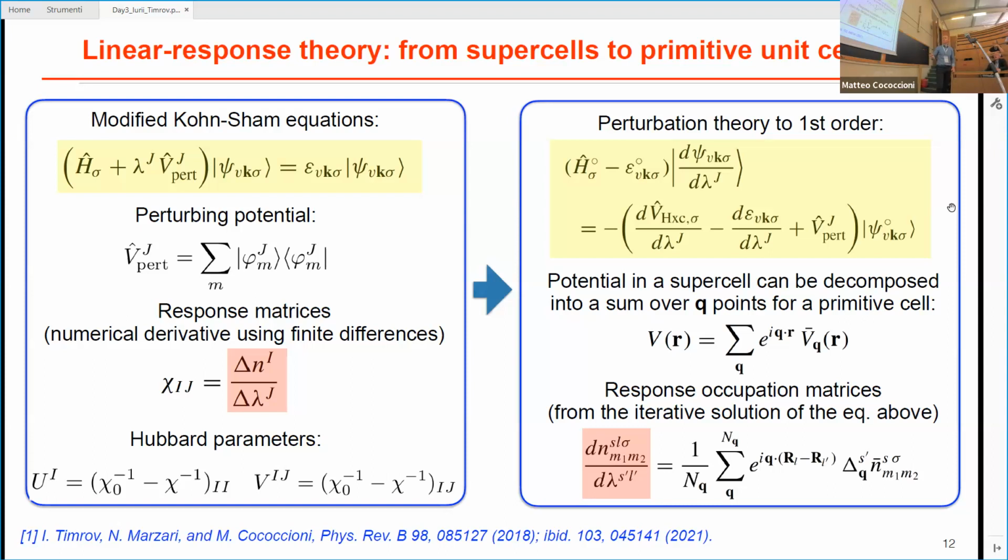So what we did here: first, we rewrote our modified equation using perturbation theory to first order, and second, we go from supercell to primitive cell. So there are two steps here, because we can solve this equation even for the supercell.